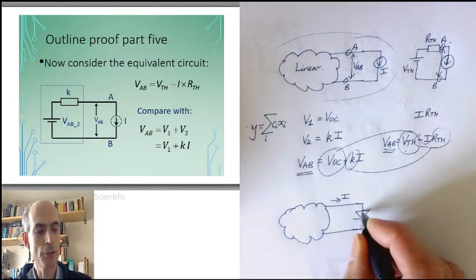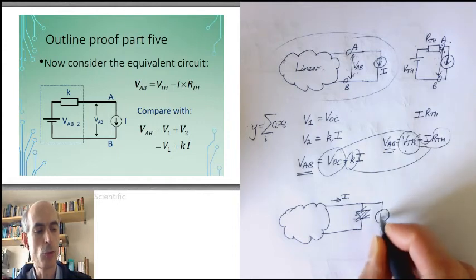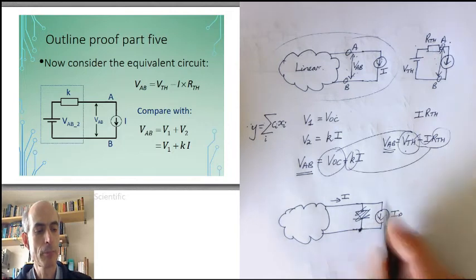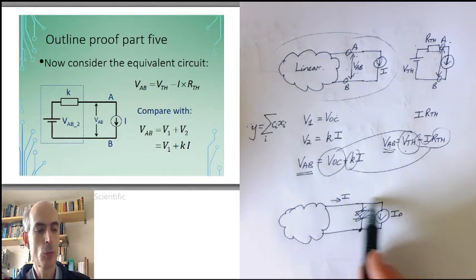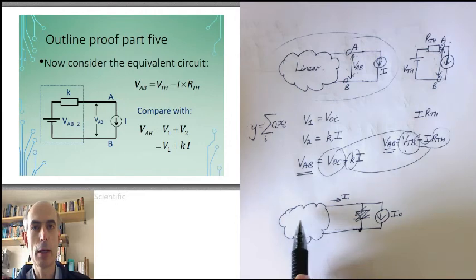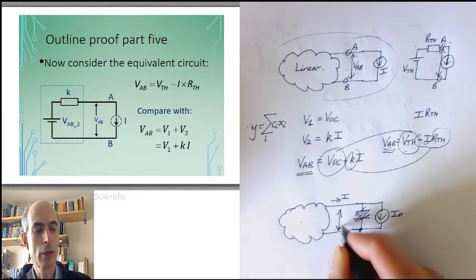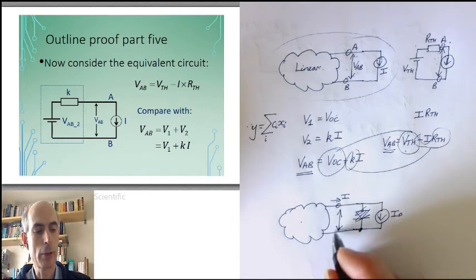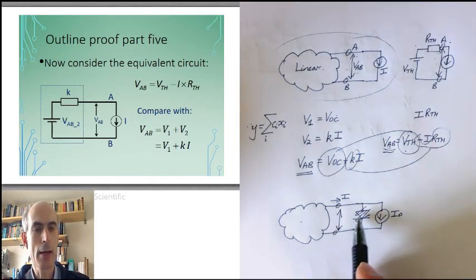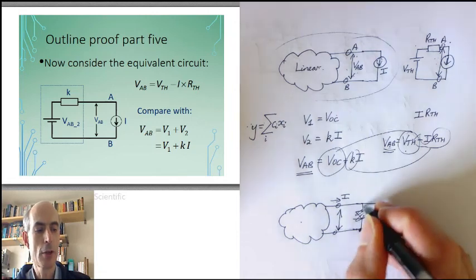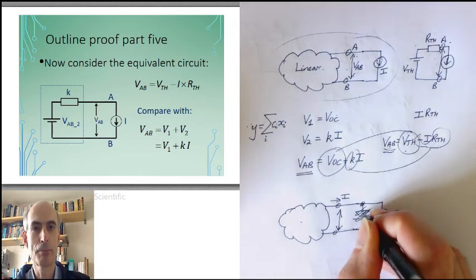Well, I could replace that diode with a current source equal to the current that would flow through the diode. And the same current would be being taken out of my network, which means the same voltage will be appearing on the output of my network. It doesn't matter whether I have the diode there or whether I have a current source whose value is equal to the current that is flowing through the diode.